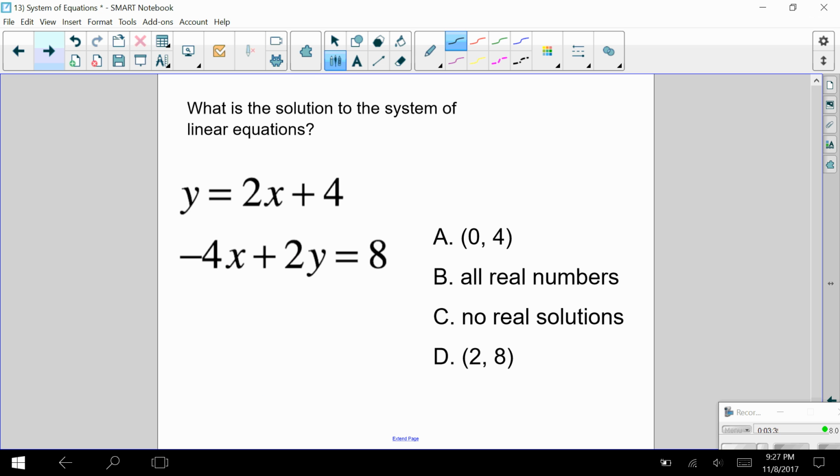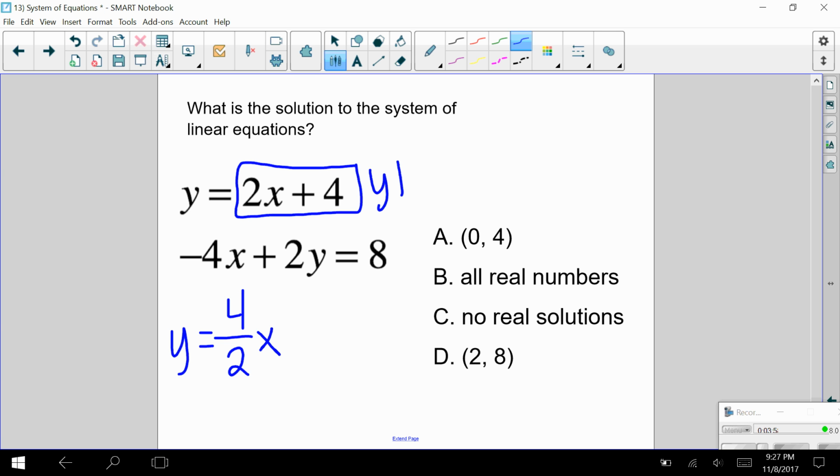Let's try another one. Looking at this problem, my first one is already in y equals form, so that's going to go into y1. The second one is not in y equals form, so we need to write it in y equals form. So y equals the opposite of A over B, x plus C over B. That's going to go in y2.